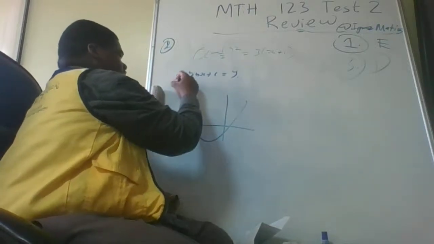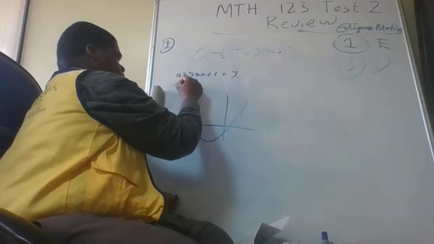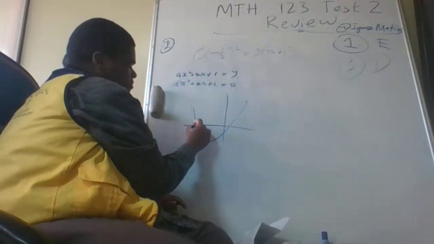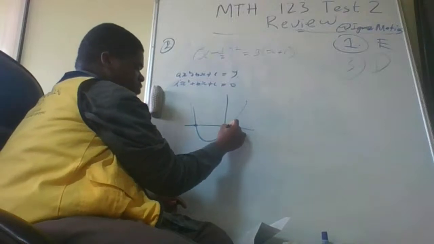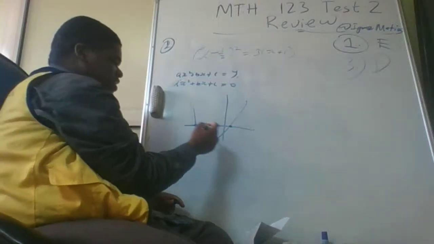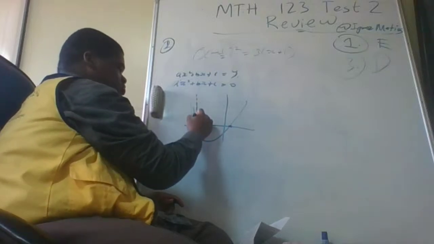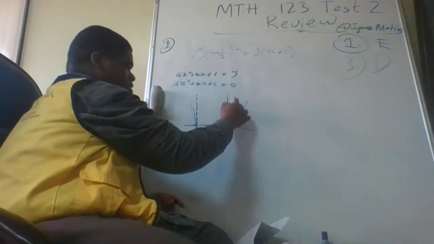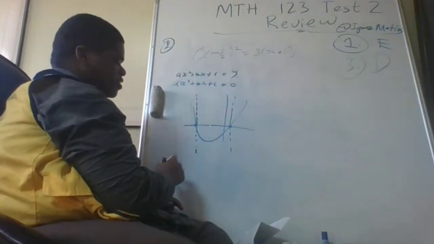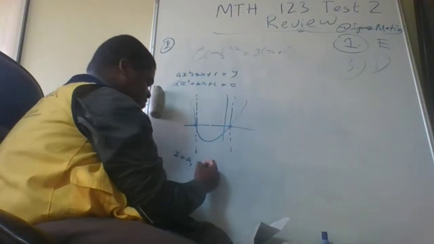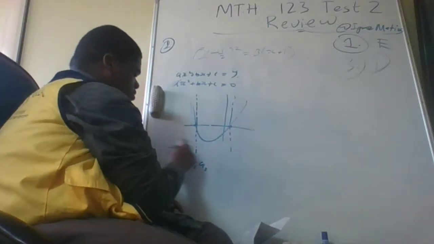When you now give me ax squared plus bx plus c is equal to 0, what I'm simply going to tell you is these two points where this parabola crosses the x-axis. I'm going to just draw a vertical line like this, and these two points will be our solution. x is equal to whatever this point is, a1, and x is equal to a2.